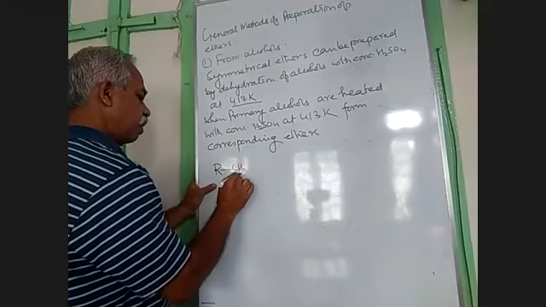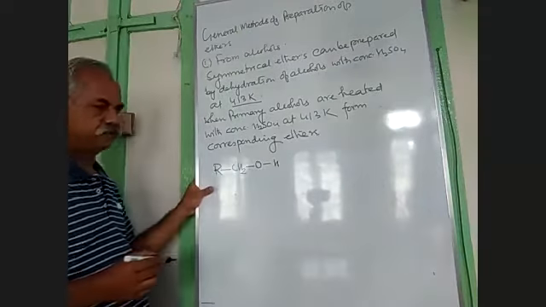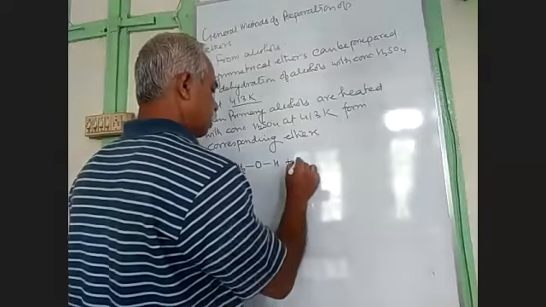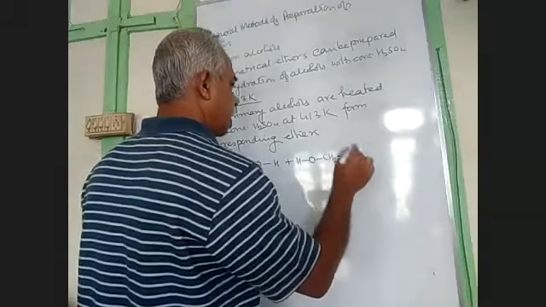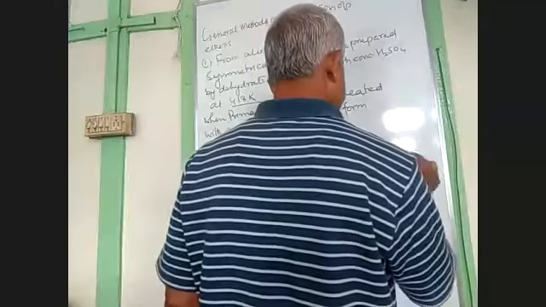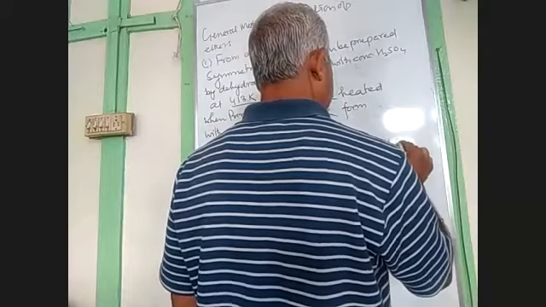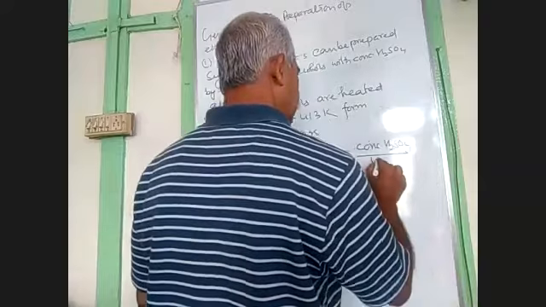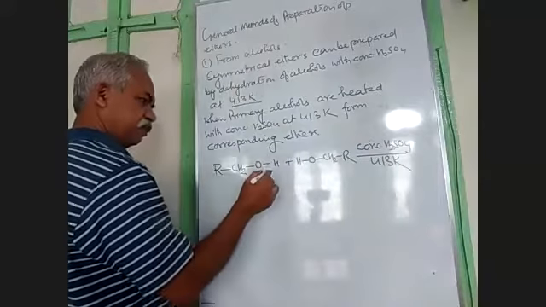I'll show you. RCH2OH plus HOCH2R, with concentrated H2SO4 at 413 Kelvin. See what happened?